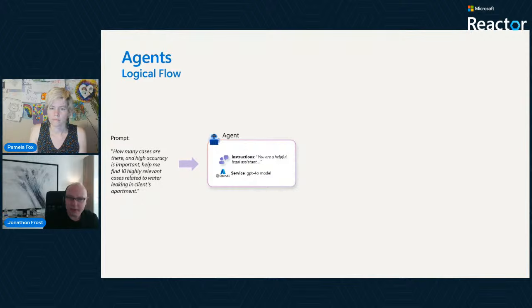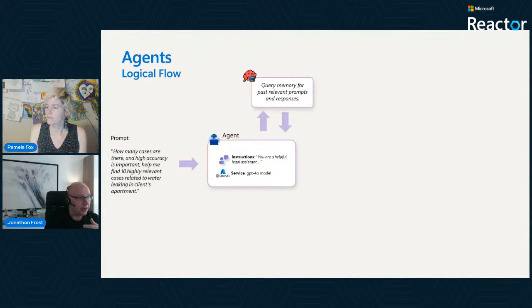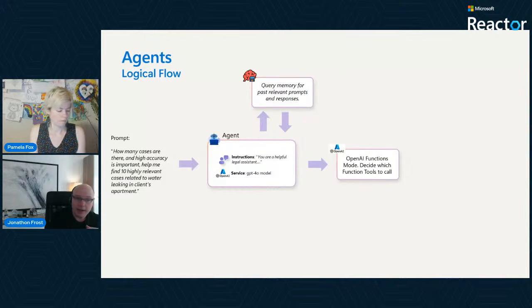Walking through this end to end, to tie up what I just mentioned about the flow: a prompt comes in, the agent is invoked, and then memory is checked for relevant memories that should be retrieved for this prompt. Then, if we're using an OpenAI LLM, there's a notion called OpenAI functions mode, which is used to determine what functions to call.